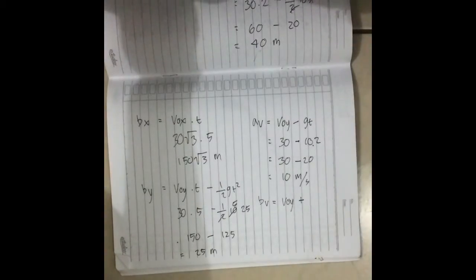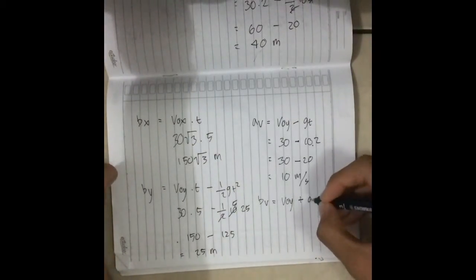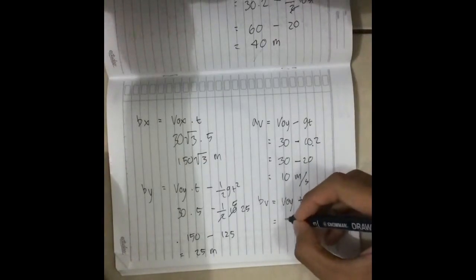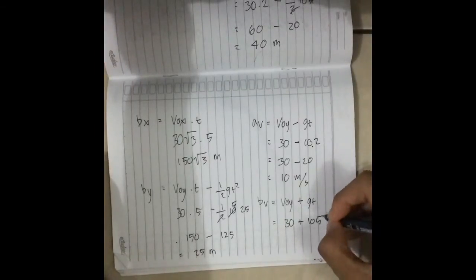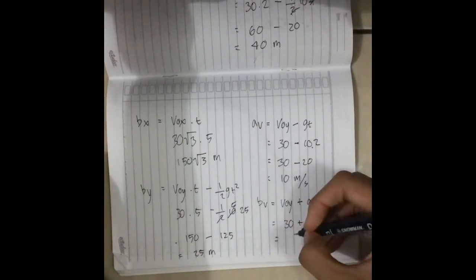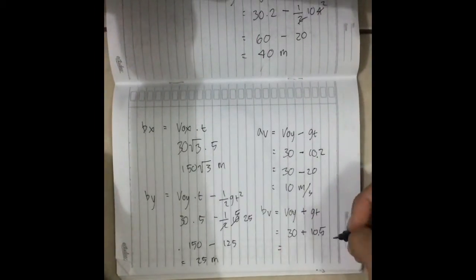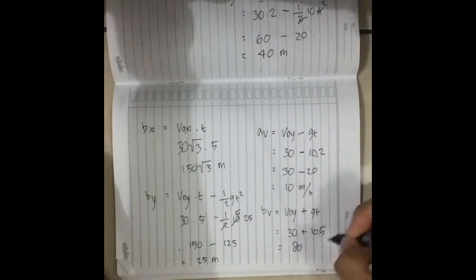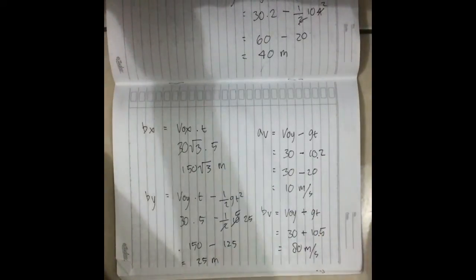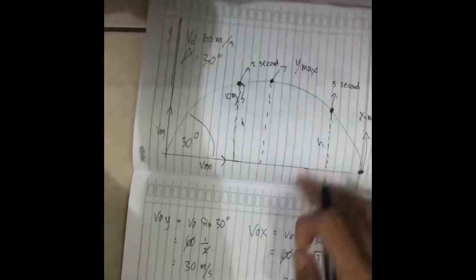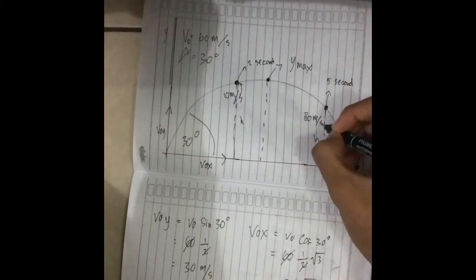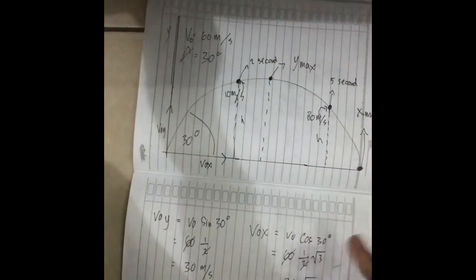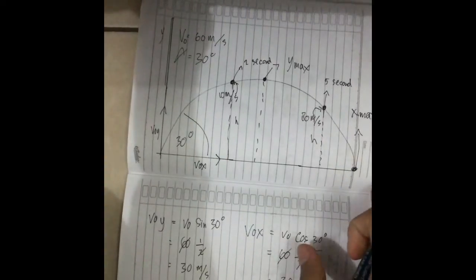So plus g t, so the VOY is 30 plus the g, which is 10, times the time, which is 5. So the velocity for B, when the bullet is at B, is 80 meters a second. So yeah, that's all for the parabolic motion.